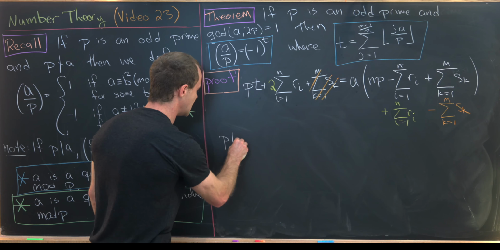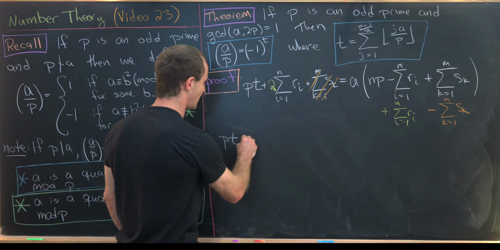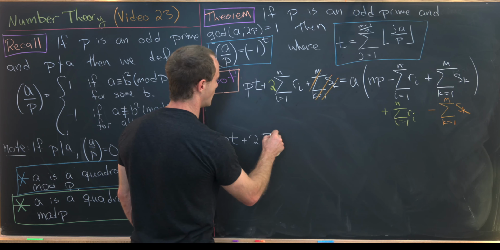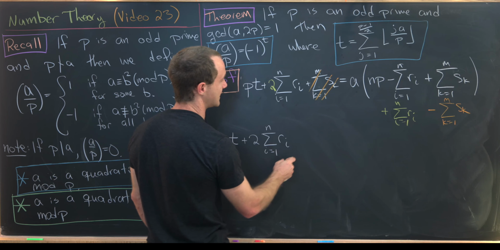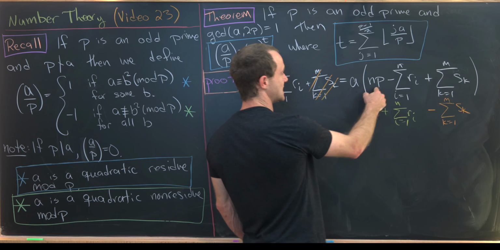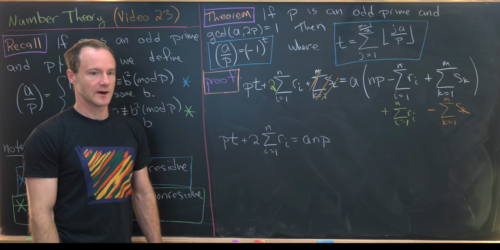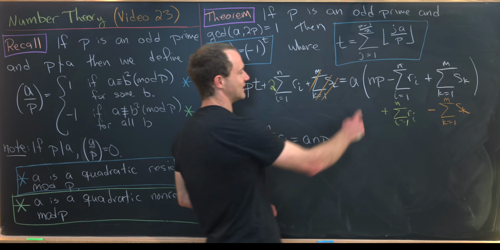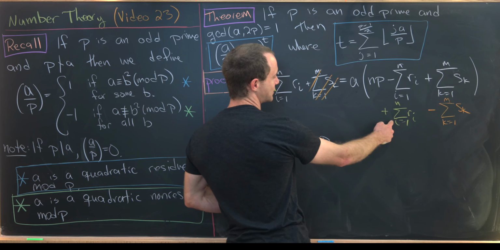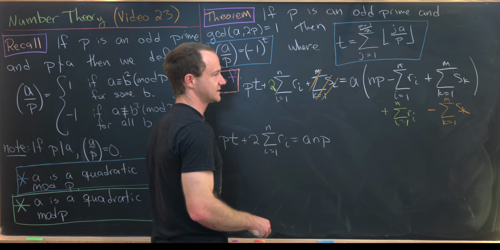That leaves us with p times t plus 2 times the sum as i goes from 1 up to n of ri is equal to a times n times p. That's from that right there. And then we'll go from having negative a sums of rj's to negative a plus 1 sums of rj's.